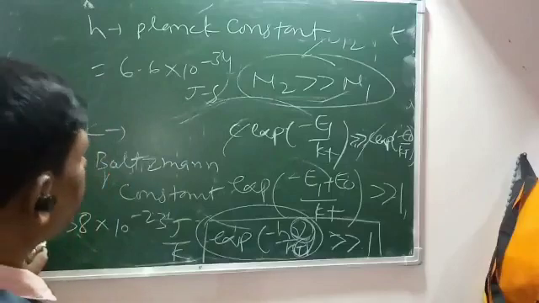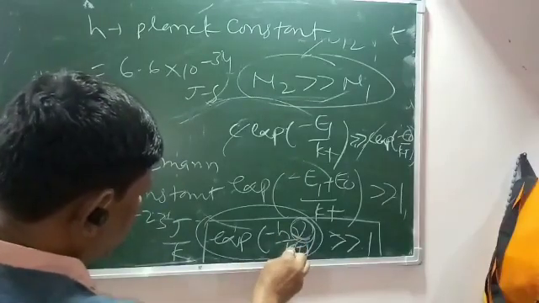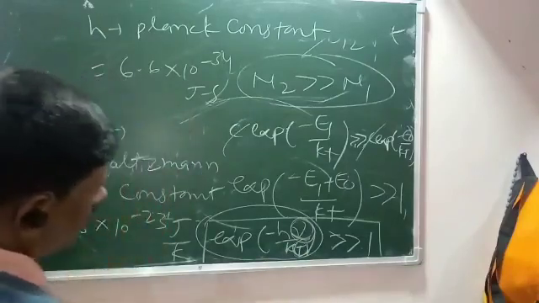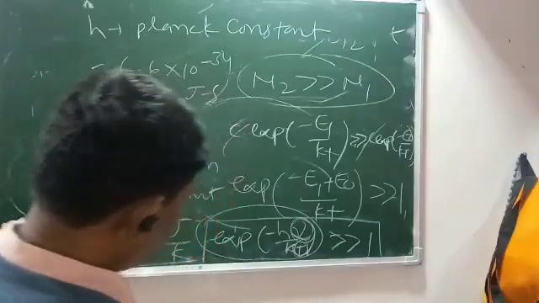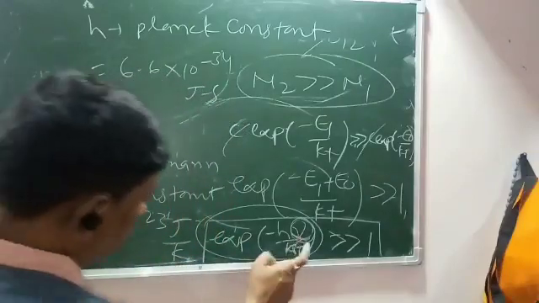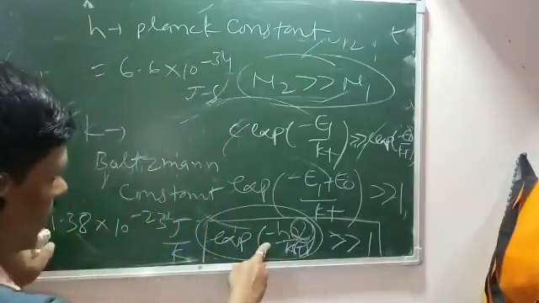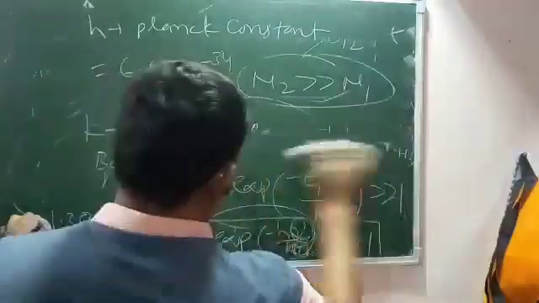Frequency cannot be negative in physics, so h, nu, and k cannot be altered. This cannot be treated as negative, so only one term is left, T. When we put the value of T in a negative sense, this term becomes greater than 1.